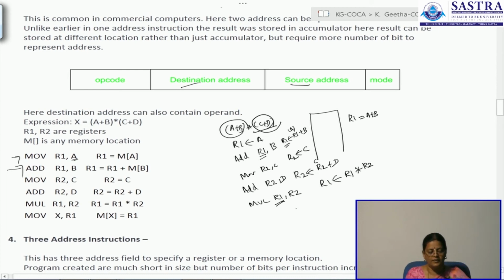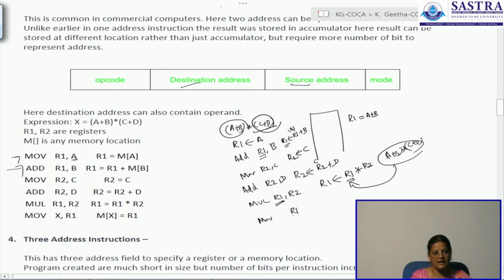So now what will happen here? I have the answer for A plus B in R1, and C plus D in R2. These two registers are multiplied with a star, and the answer is stored back in the first register, namely R1. Now if I want to store the result in some memory location, I can use move R1.